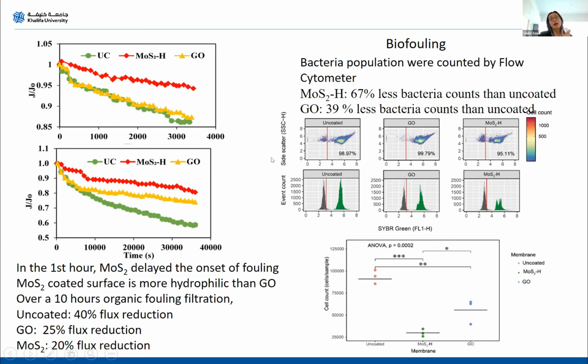If we take the bacterial population of the uncoated membrane as 100%, then we found the MoS2 coated one has 67% fewer bacterial counts than uncoated, and the GO coated has 39% fewer. So both point to some fouling reduction effects, particularly in the biofouling situation. We used natural unchlorinated water for the biofouling experiments, and among them, MoS2 shows better effects.